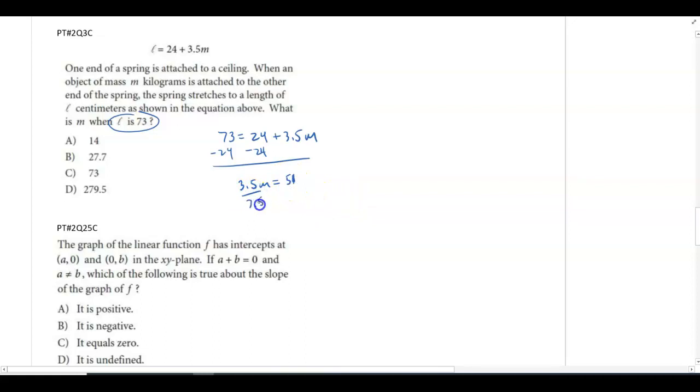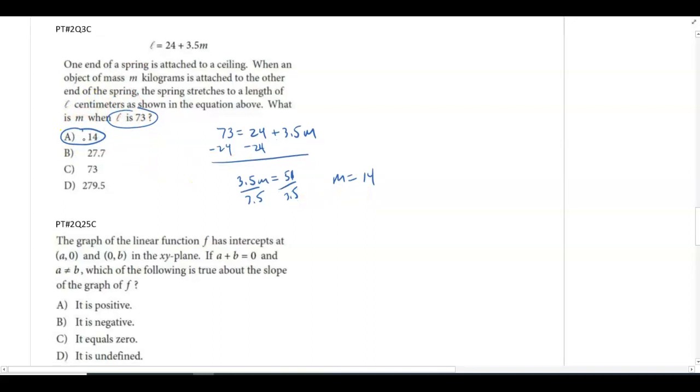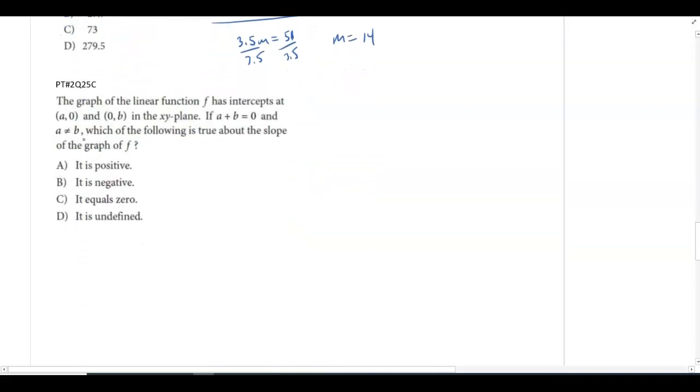And now when I divide by 3.5, you would get M is 14. All right, which is letter A. That's a must-get problem. Okay, the next one.